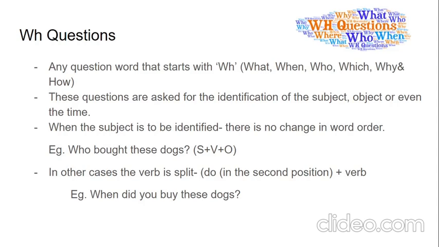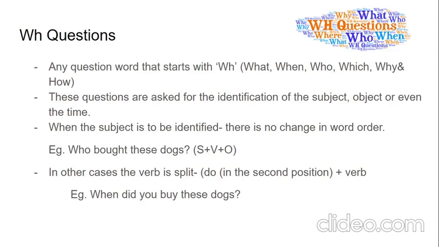Now, a rule that is attributed to this WH question is, suppose you are asking a question in order to identify the subject. For example, look at the example given here. Who bought these dogs? So you would want to know who actually bought these dogs.